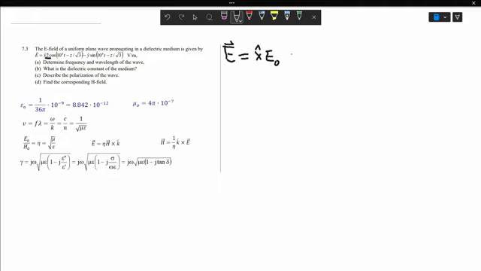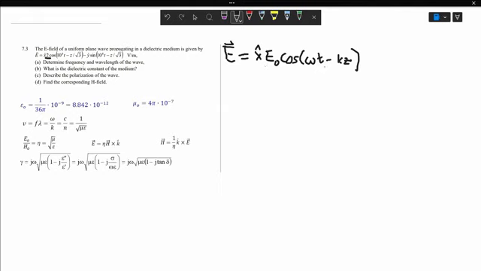And then there is a cosine or sine term, so I'm going to write cosine. And inside the parentheses, we have omega t minus k and some sort of direction, z. So this is a general form of our E fields.